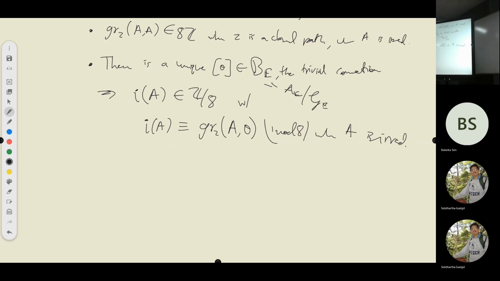Okay, here's what we've covered so far. Now this is no longer a chain complex with integer grading. It's going to be with grading Z mod 8.